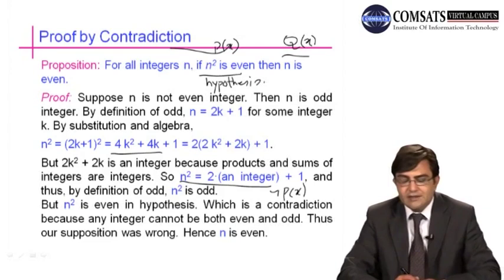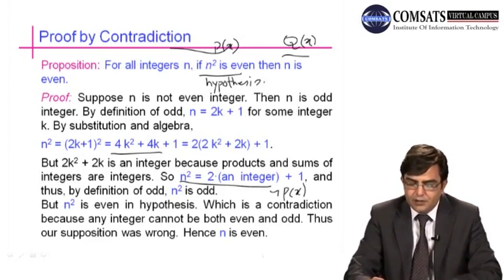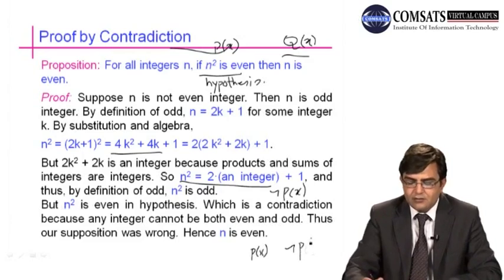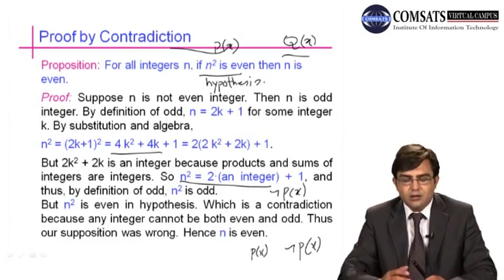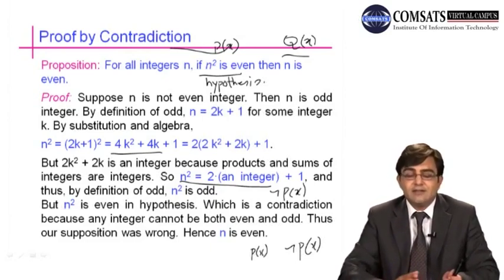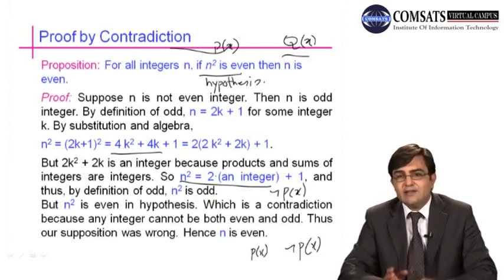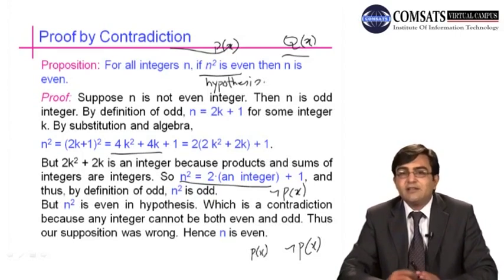Now there is a contradiction: p of x is also true, and by the sequence of steps we have proved that not p of x is also true. So this is a contradiction in our logic, that we are saying that p of x is true in the start, and at the end we have arrived at that not p of x is true.